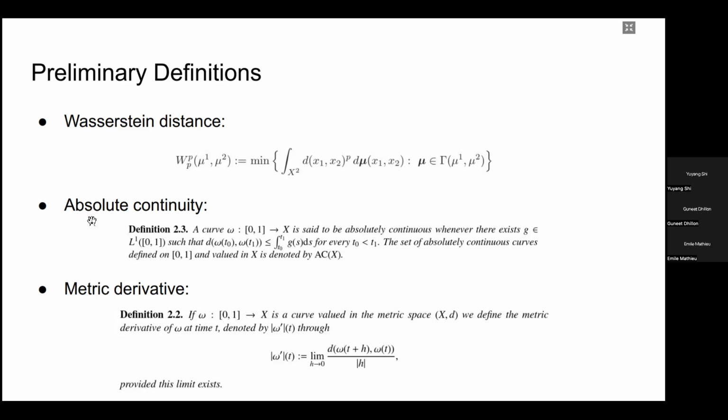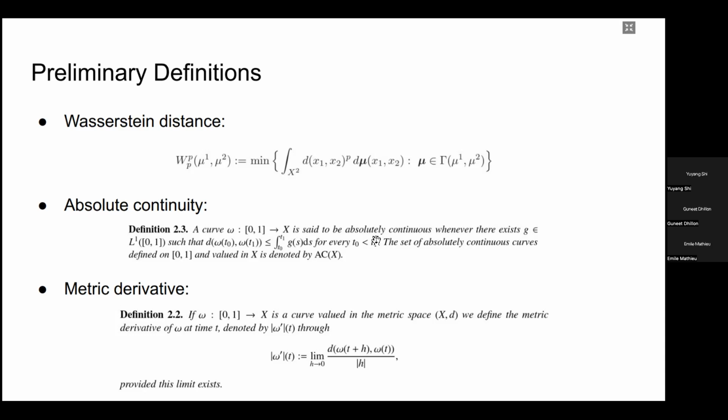And so the second definition is absolute continuity. So basically, we consider any curve in a metric space X, where the curve is a function from time 0 to 1 to the metric space.